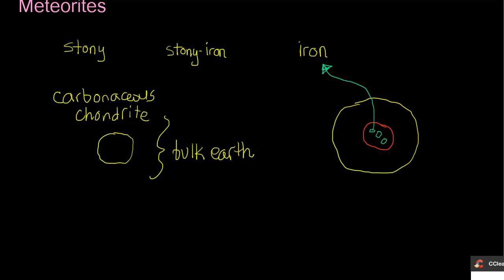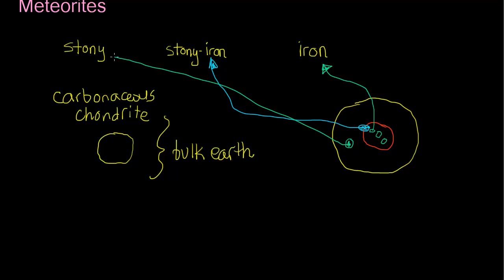We also have stony iron meteorites, which are the rare ones that seem to have come from areas near the core mantle boundary of these planetesimals. So these things which have pieces of both the core and the deep mantle are what form these rare type of stony iron meteorites. And then we have lots of meteorites which are the stony meteorites, which appear to be pieces of the mantles of these differentiated bodies.